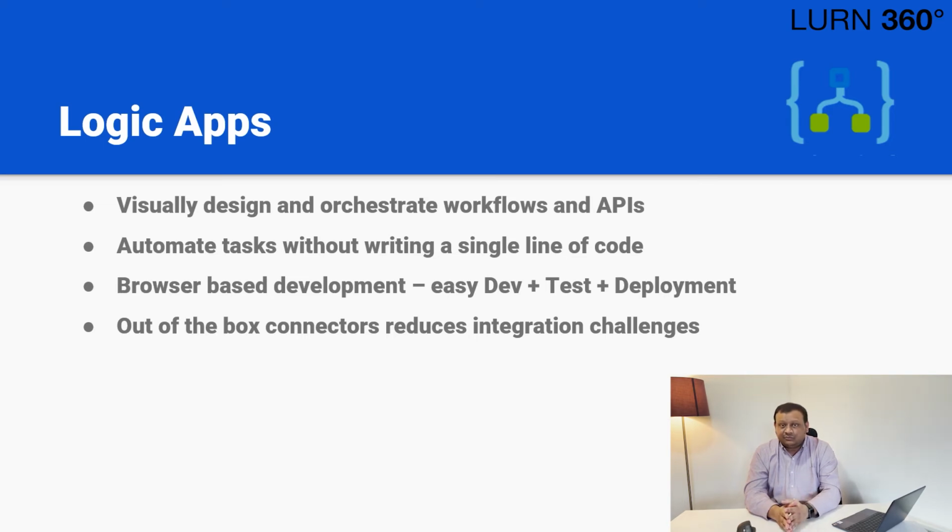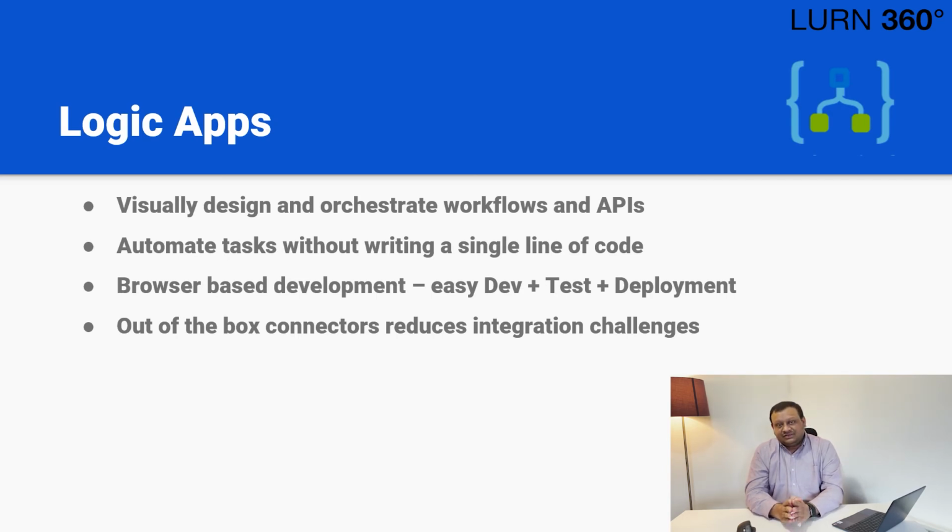You want to connect to Facebook, there are connectors. You want to connect to Dynamics 365 CRM, there is an existing connector. You want to connect to Active Directory, Azure AD, the connector is there. There are literally hundreds of connectors to connect to any kind of system from within Logic Apps, so you don't have to spend time building the connection to all of these systems.